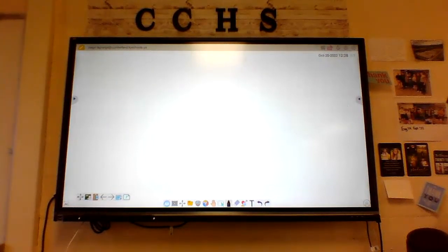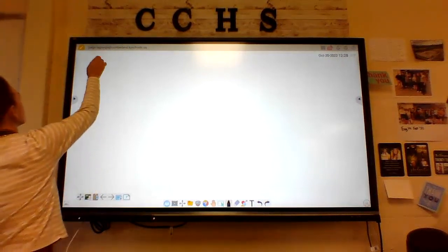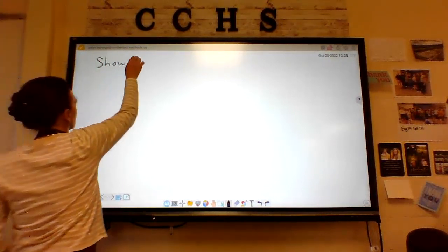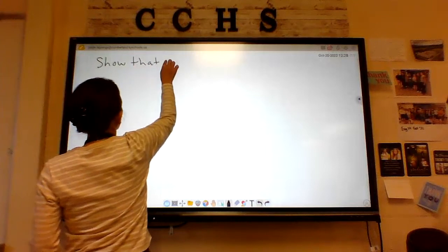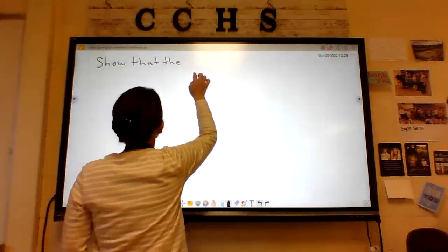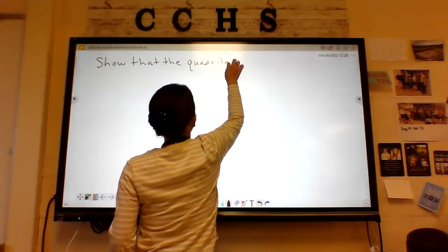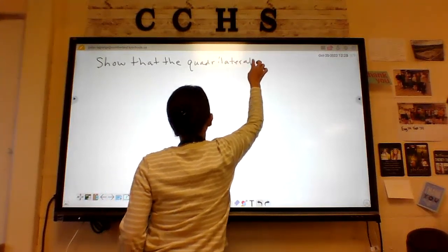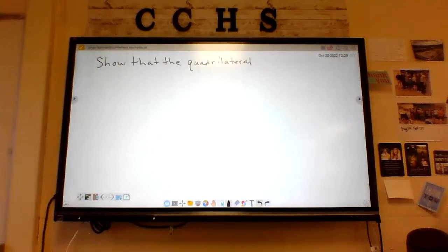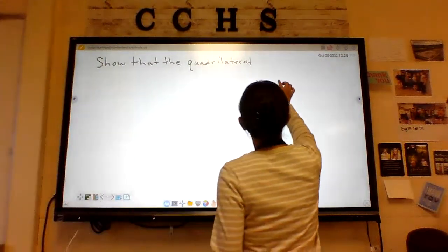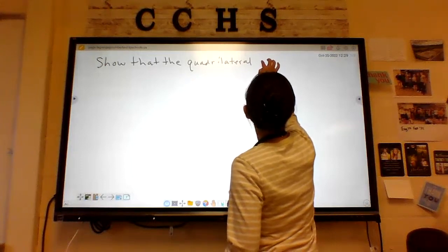So, show that the quadrilateral with vertices, you all know that vertices are points, right? They're edges, like endpoints.